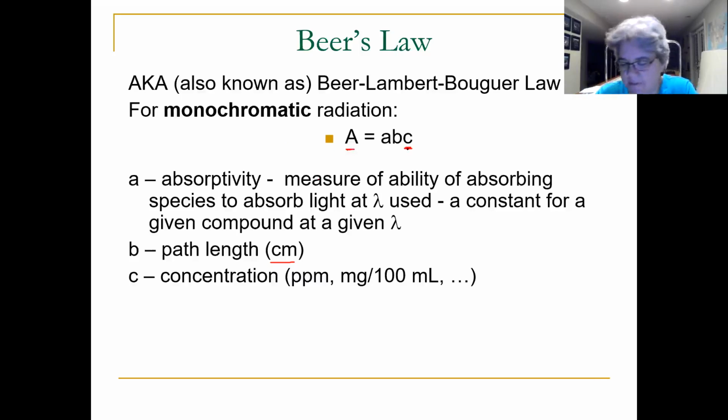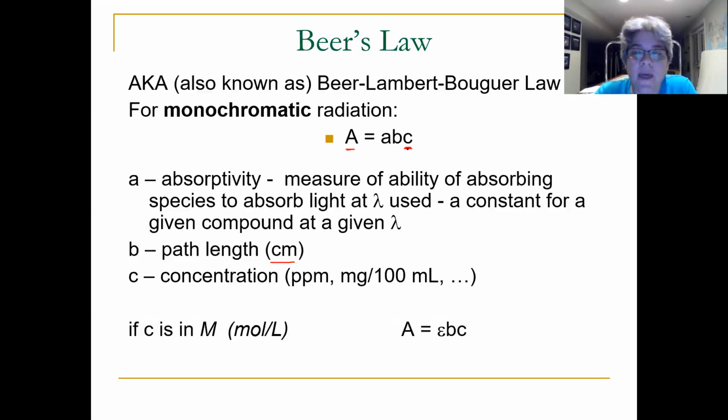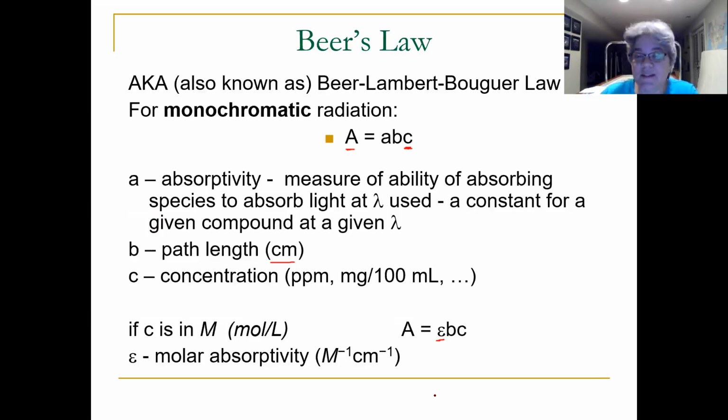Quantitative analysis. Now, there is a special form of Beer's law for when c is in moles per liter. Then we write Beer's law like this. It's the same, but now we use this symbol, epsilon, which is called the molar absorptivity, where the units are molar to the -1, centimeters to the -1. So these two equations are the same.